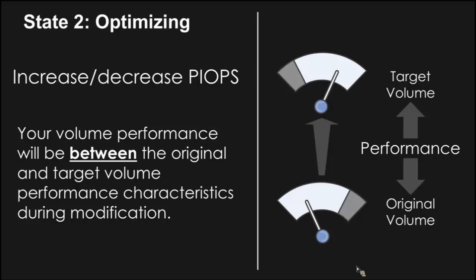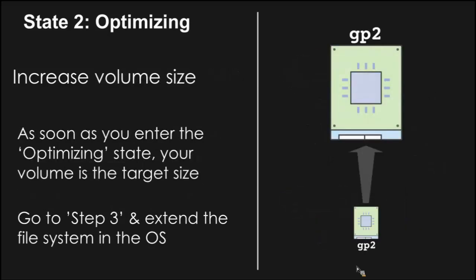So with volume type modifications, let's go into a little more detail. As I mentioned, your volume performance is going to be between your original volume and your performance target during this optimizing state. So again, it's going to be in between the original and target performance characteristics during this state.